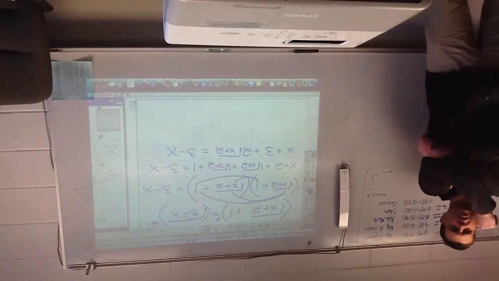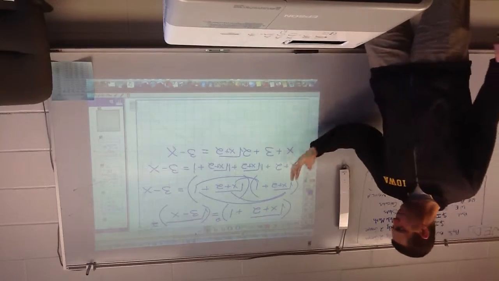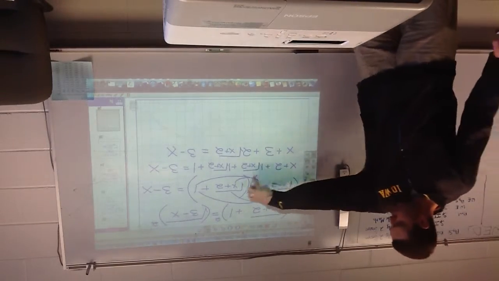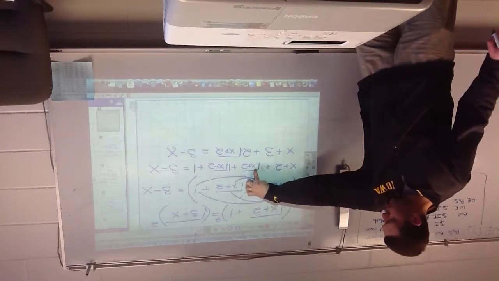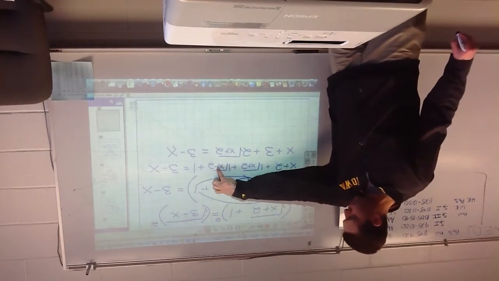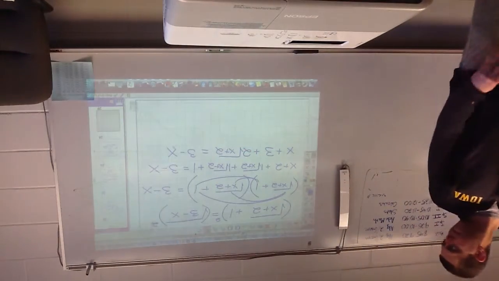Any questions on that simplifying? All I did was combine my like terms on the left side. X was by itself, plus 2, plus 1 gave me my plus 3, and then 1 square root of x plus 2 plus another 1 square root of x plus 2 gives me plus 2 square roots of x plus 2.